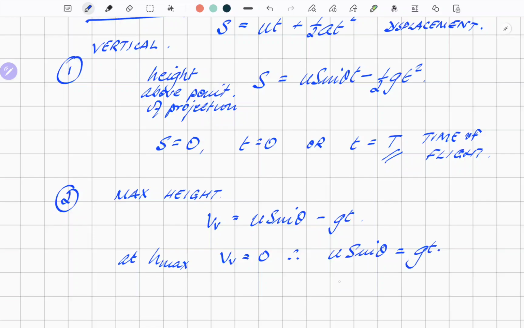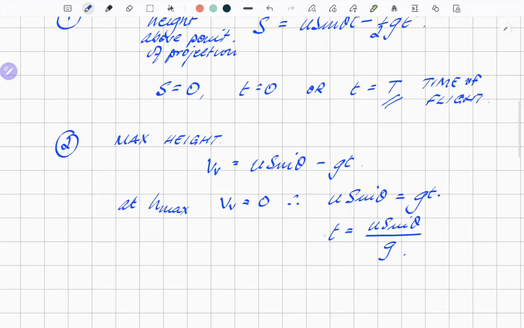And rearranging that, we can find that T equals u sin theta over g. And the beauty of this is usually all of this that I'm saying is in the context of a symmetrical projectile motion. So it starts off at a level and it comes back to the same level. Therefore, the time to max height will always be half the time of flight.